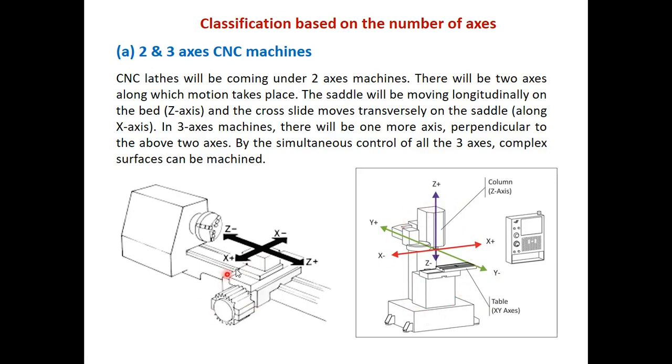You can see in the CNC lathe machine you have only 2 axes, 1 axis and 2 axis. Along these only the sliding motion happens, but in case of a milling machine, 1 axis and 2 axis are given to the table, but the third axis is given to the spindle motion.